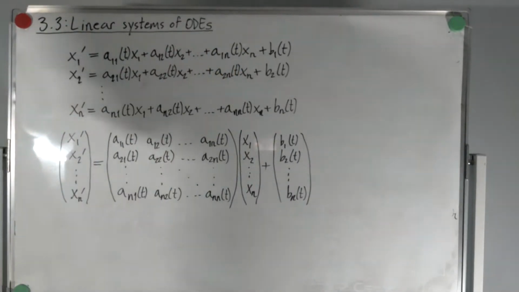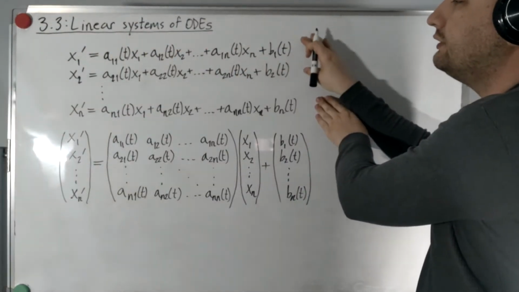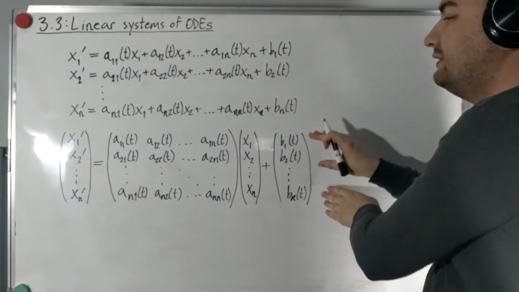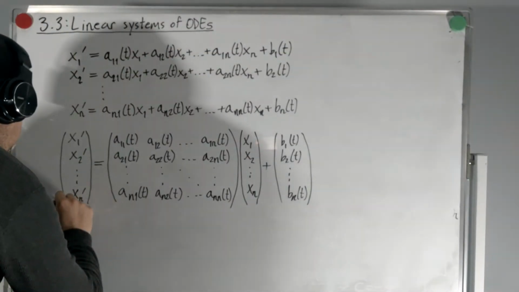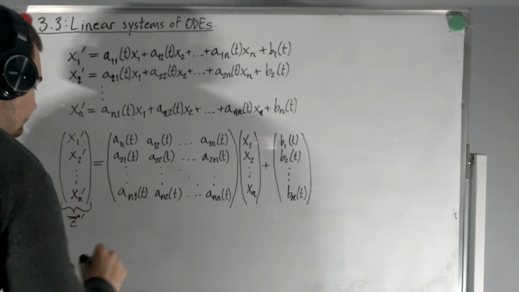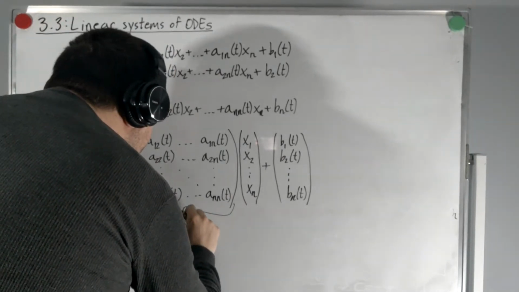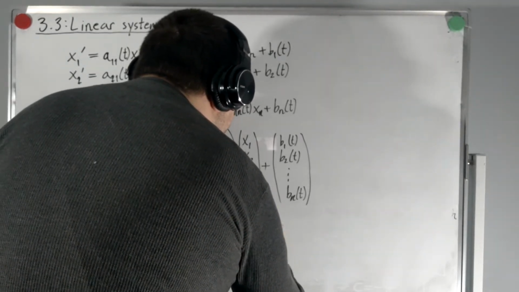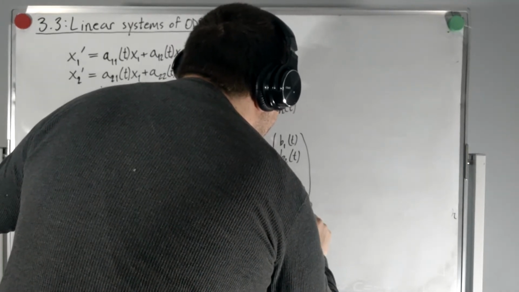Okay? So in this way we can rewrite a huge first order linear system of ODEs as one single ODE, okay? And we often refer to this vector right here as z vector prime. We often refer to this matrix as A of t. This vector is z vector, and this vector is b vector of t.